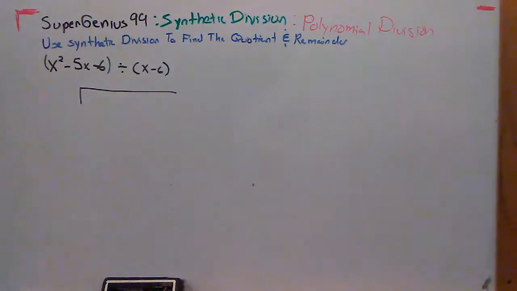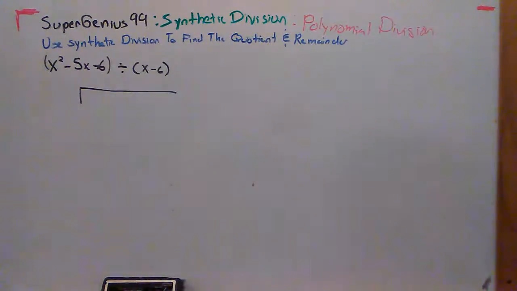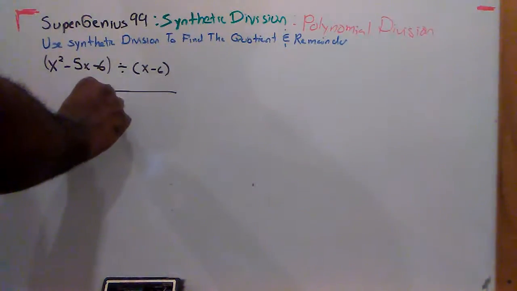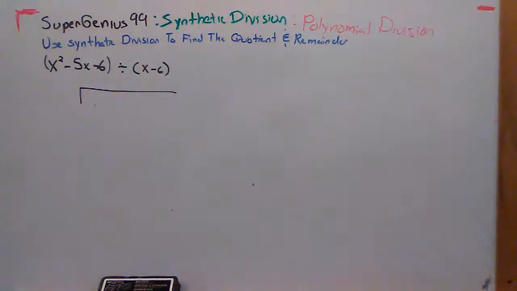And so what goes under this division bar is this first portion. And we write out the coefficients.